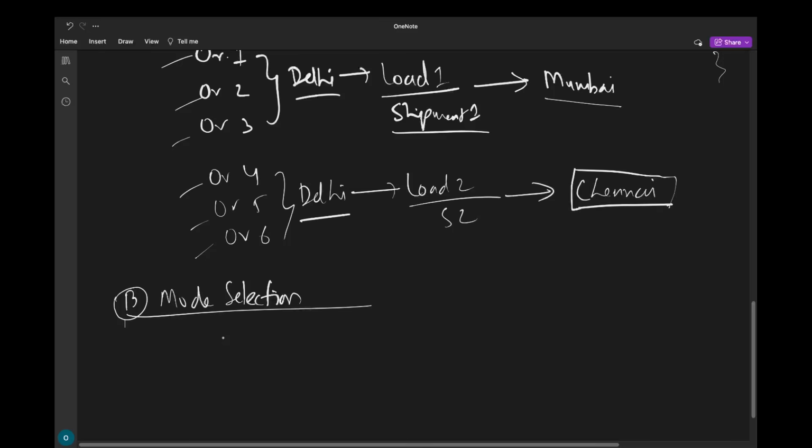If we need more speed, we will consider air. If we need less speed, then we can consider other modes. Second is cost. If we want to pay less, then air can't be selected, right?